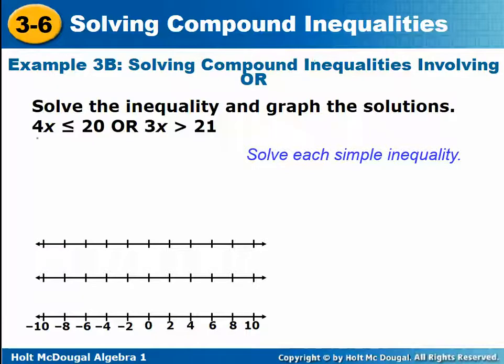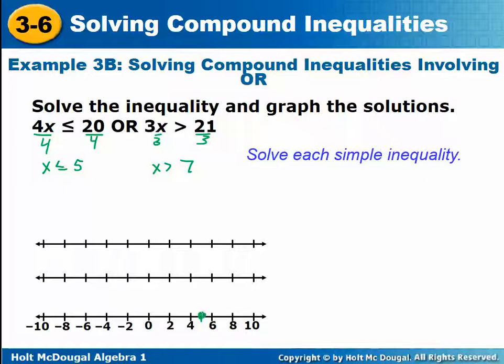So in this one, we would divide: 4x is less than or equal to 20. Divide both sides by 4. We're not dividing by a negative, so we don't have to worry about that. On this one, we're dividing both sides by 3, so we get x is greater than 7. So you can go ahead and find 5 on your number line. Here it would be.